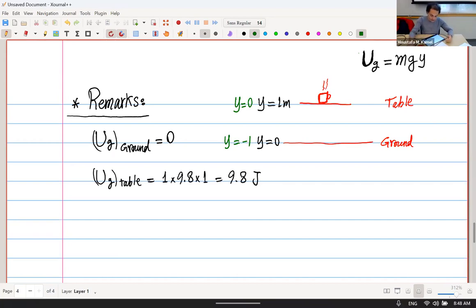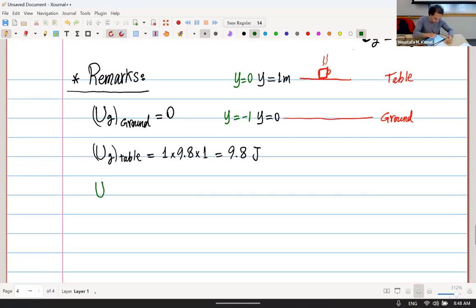So if I did that, I would have potential energy at the ground being equal to -9.8 joules, and potential energy at the table equal to 0, right?